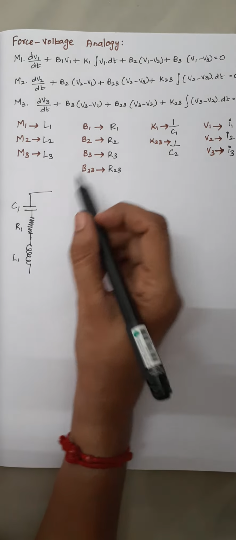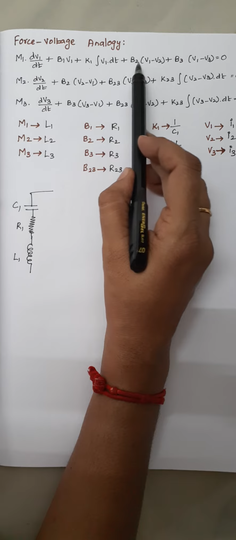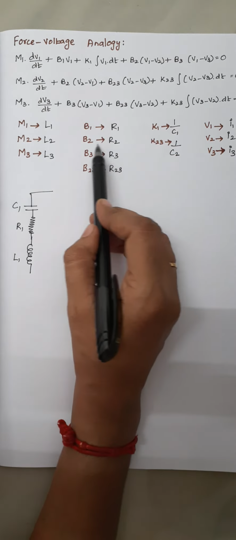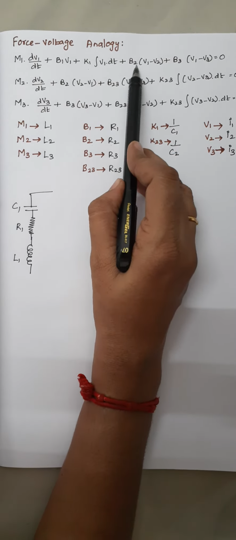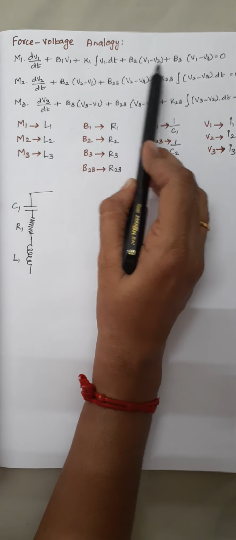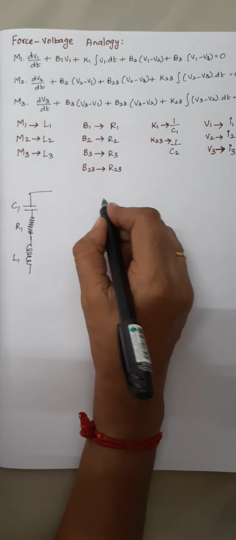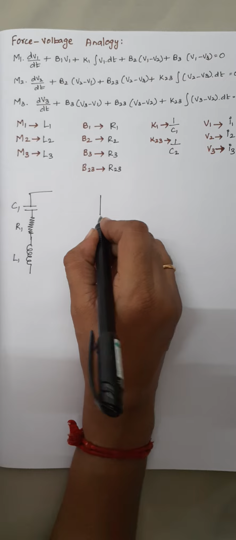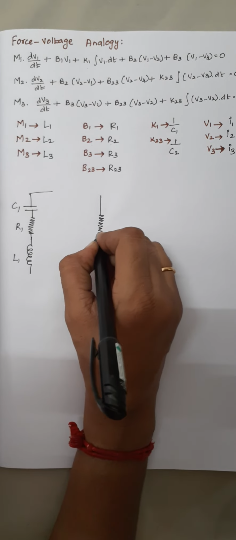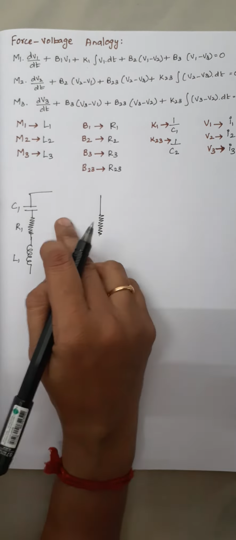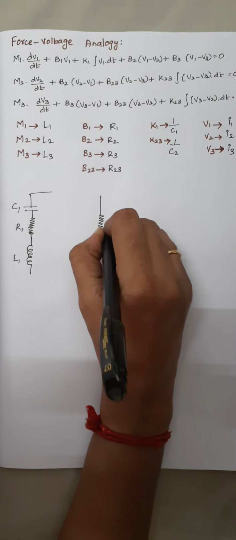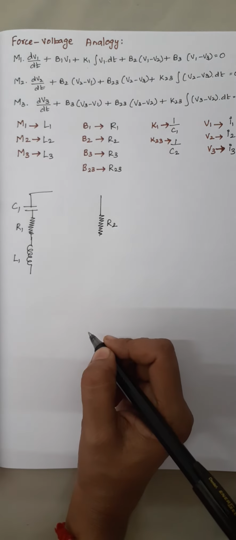The next one is B2, that is B2 is nothing but R2, and this B2 is common between your loop 1 and loop 2. So just draw a resistor, and this resistor is common for your first loop and second loop. Let this resistor be your R2, right?